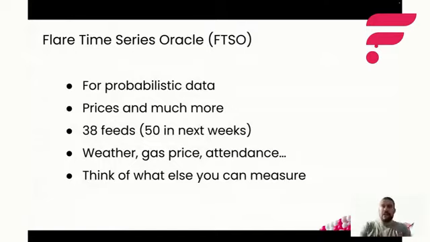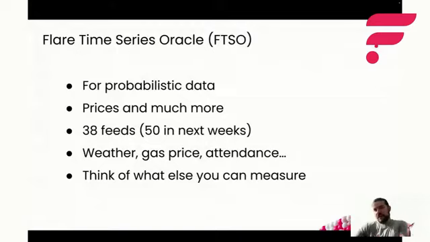We currently have exactly 38 feeds on Flare. On Canary network and on test network, we have many more feeds, and on Flare, an additional 12 feeds are coming in the next week.